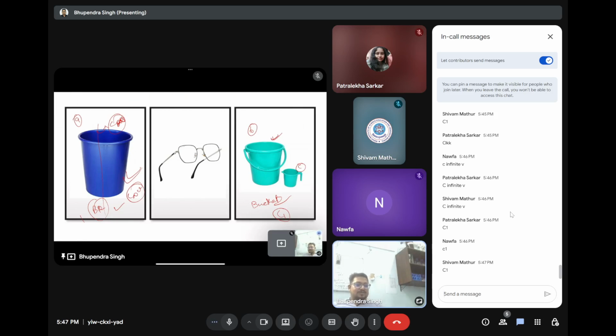Now, understood. Yes. The way I am presenting this bucket, the point group of this picture is C1. But the point group of the bucket which is having the handle, if the handle is like in this condition, then tell me the point group of the bucket. It will change. This bucket you are holding like this. Now tell me the point group of the bucket.